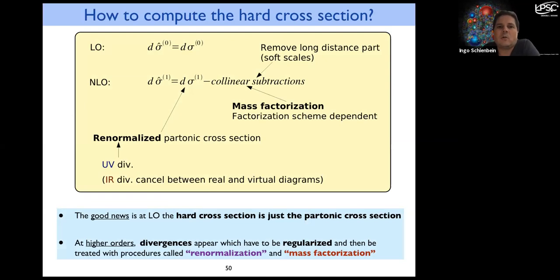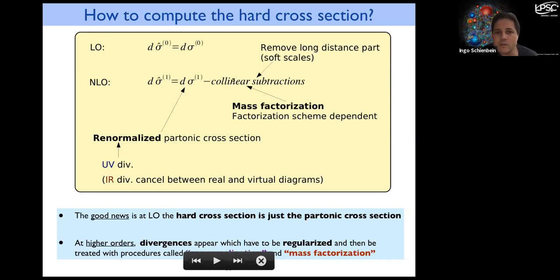So a word on how to compute the hard scattering cross-section. At leading order, it's just a Platonic cross-section. But at next to leading order, you have to remove long-distance parts via a procedure called collinear subtraction or mass factorization. As a result, these hard scattering cross-sections will depend on the factorization scheme.